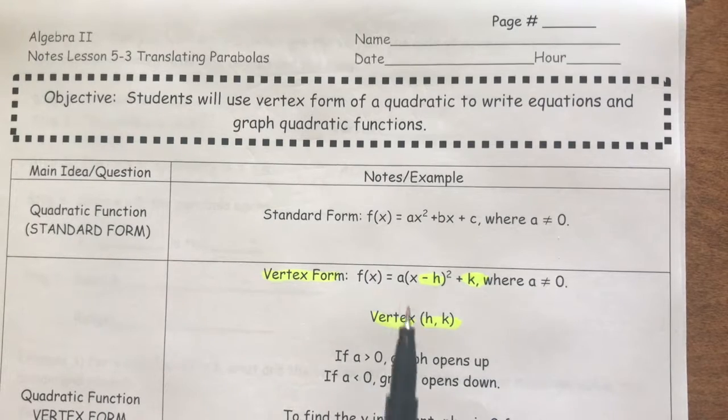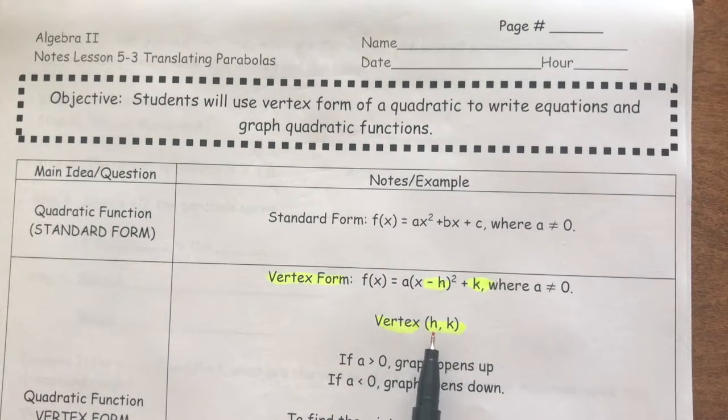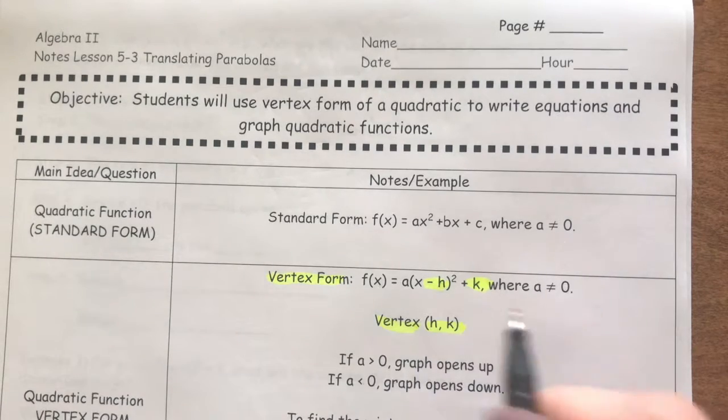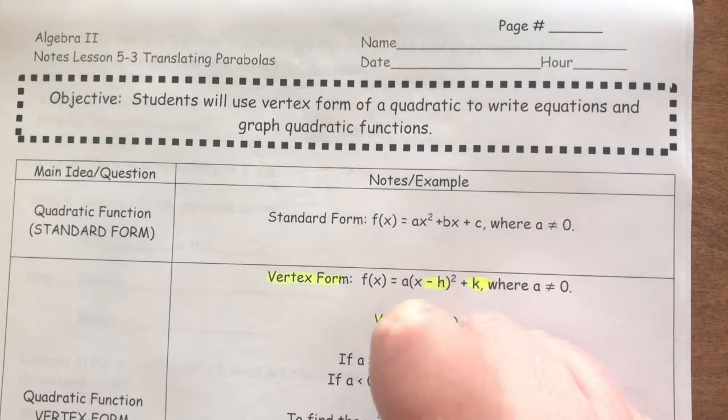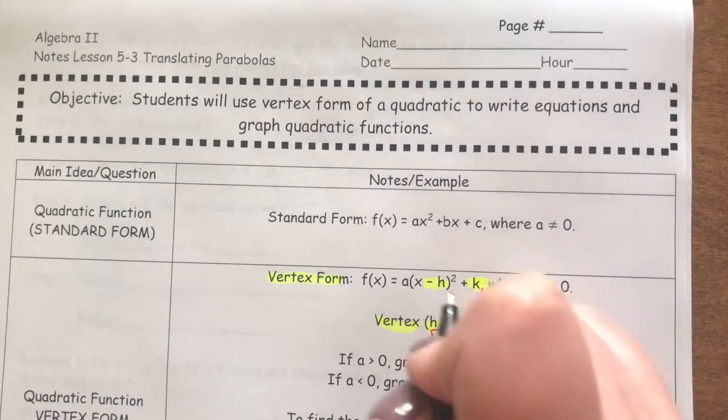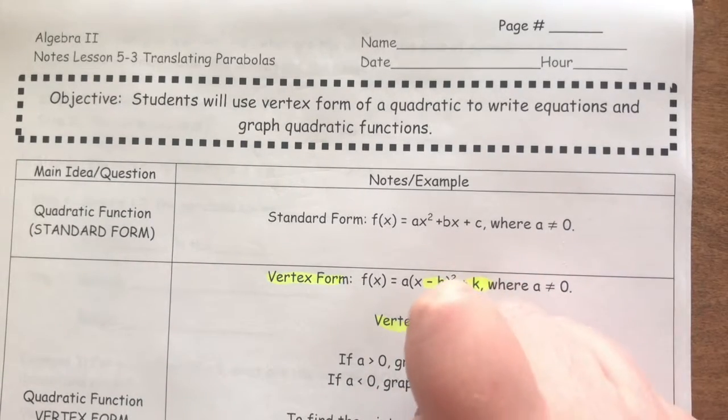We'll notice here that our vertex, our x coordinate, is the translation of the x value in our function. Notice in the equation it's minus h, but when I pull it out, it's a positive h. So when we're pulling out the x coordinate, it's always going to be opposite of what's written in the equation.